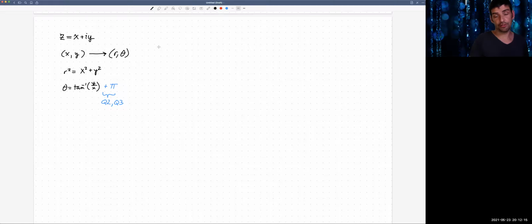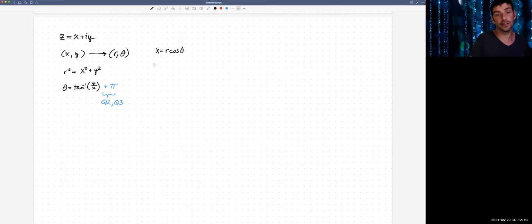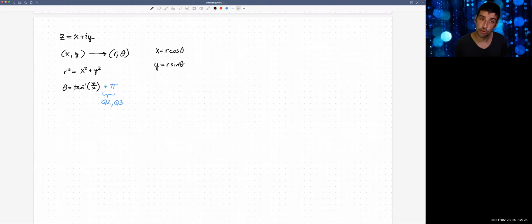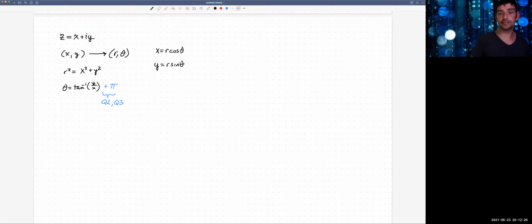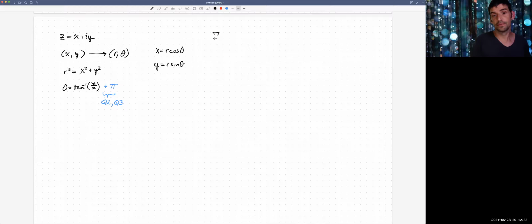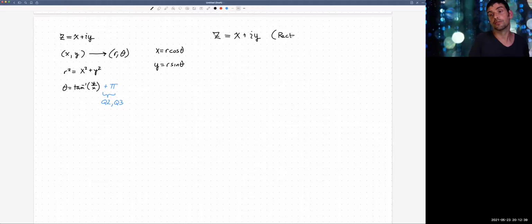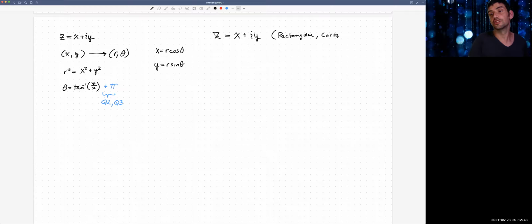Also recall we have this relationship, x equals r cosine theta, y equals r sine theta. So this was how we converted back from polar coordinates to rectangular coordinates. What it does in complex numbers is gives us a new way to write them down, and that is as follows. We start with this, which is what we call our rectangular or Cartesian form.